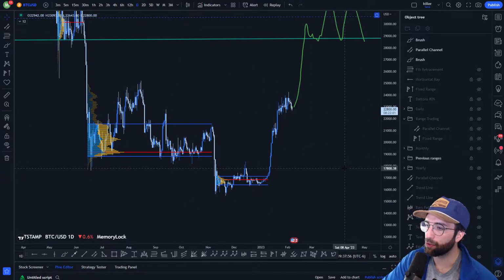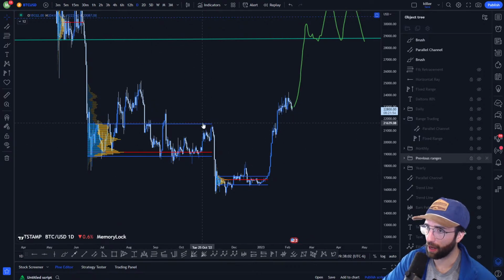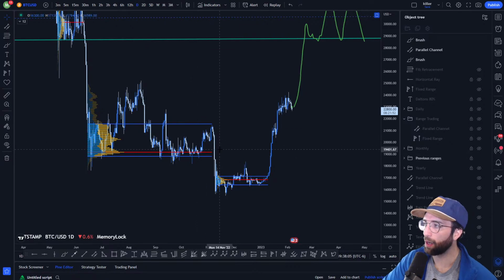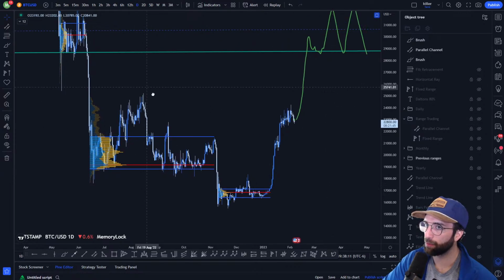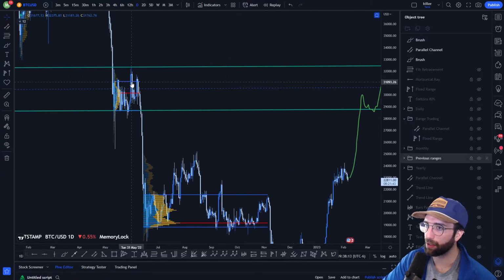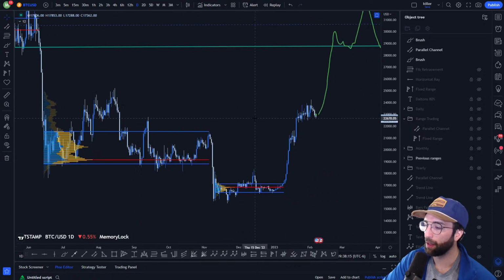You can use them for range trading, right? And knowing that we can set it as a range here, and ultimately long the low and short the high of the value area, right? Like I said, I personally like to actually draw a channel to give me a little bit more added confluence for some of these wicks to the upside when it does break out of the value area.